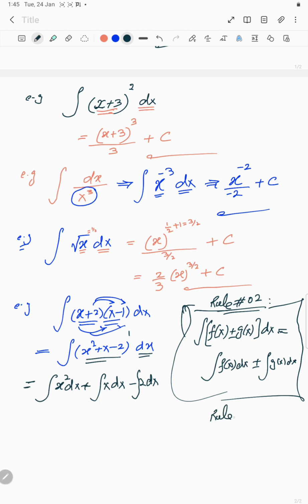Here, rule number 3. Integral of a constant C. As C is a constant, you can write it outside of the integral, and the function will be integral and differential of x.